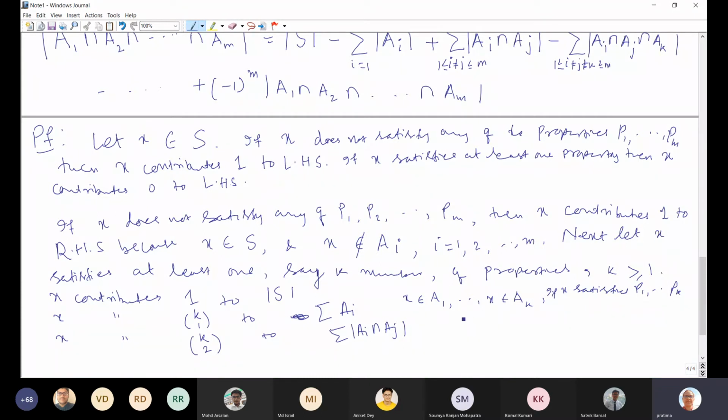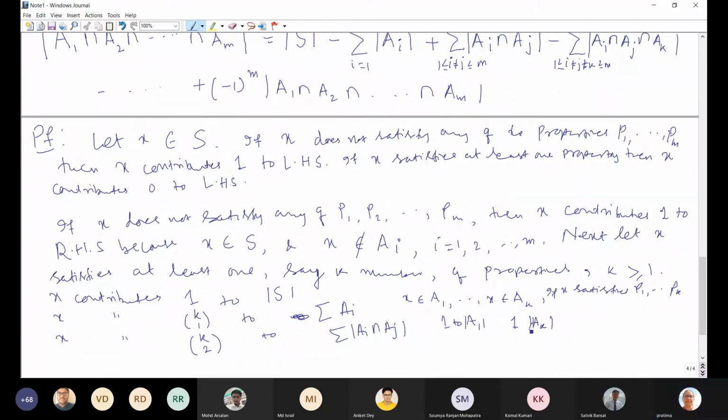If x belongs to A1, x will contribute 1 to the cardinality of A1. x is only one element here. Similarly, x will contribute 1 to the cardinality of Ak.